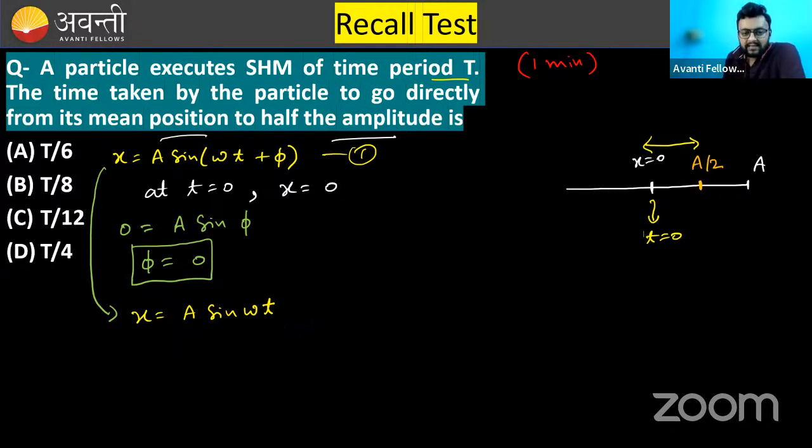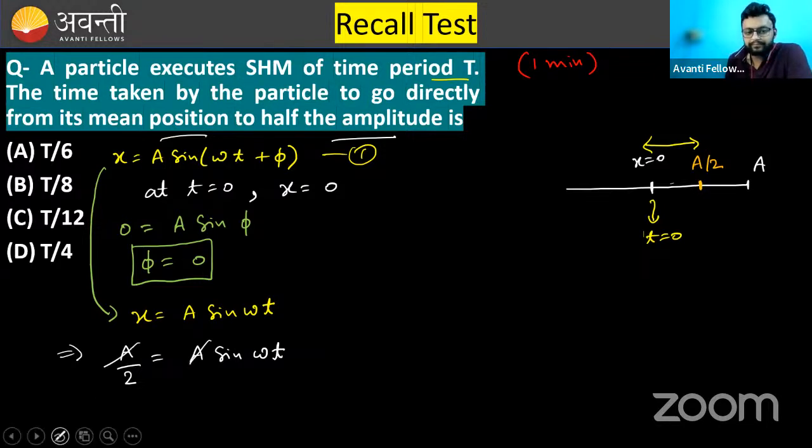Okay. Now they are asking me the time taken to reach a by 2. Let's suppose time is t, then x is equals to, now I am again placing the value a by 2. The displacement they are talking about is a by 2 is equals to a sine omega t. A will get cancelled.